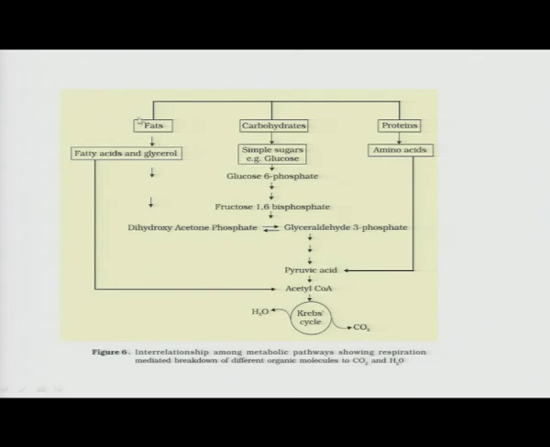When the substrate is fat, it is converted into fatty acid and glycerol, and it finally enters into acyl coenzyme A and the Krebs cycle, which we will discuss later on. When the substrate is protein, it is converted into amino acids, which are converted into pyruvic acid, then pyruvic acid becomes acyl coenzyme A, and then the Krebs cycle goes on. So, for all three main substrates for respiration, finally, there is a common pathway that is called the Krebs cycle.